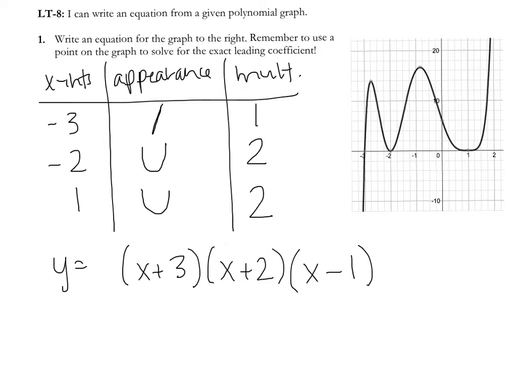The factor x plus 2 gave us our x-intercept -2, which has a multiplicity of 2, so this factor better have an exponent of 2 on it. And our x-intercept 1 had a multiplicity of 2, so the factor x minus 1 better have an exponent of 2 on it.